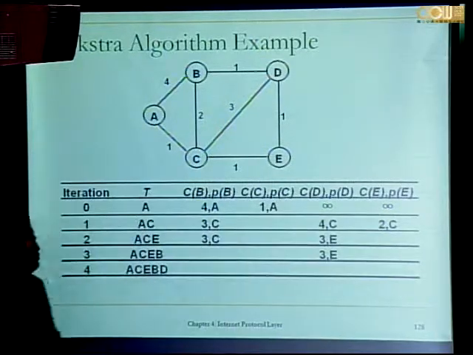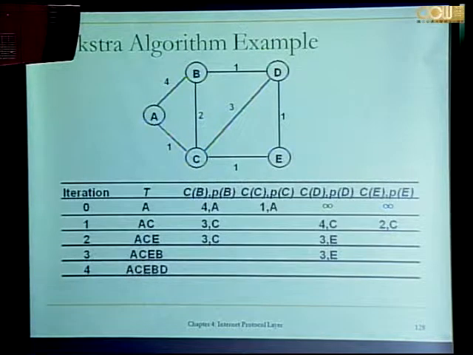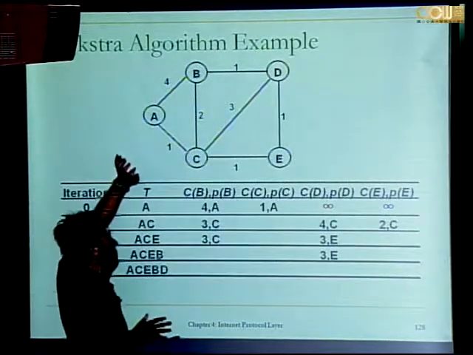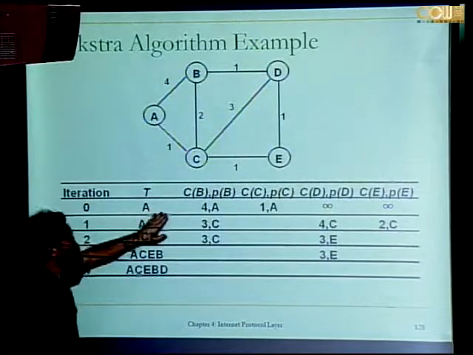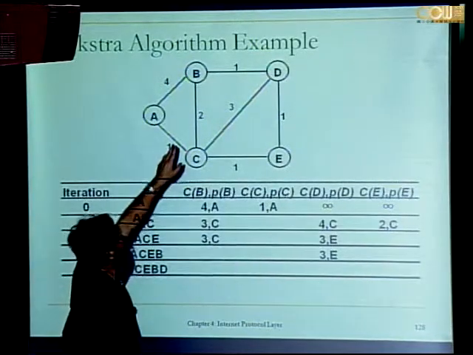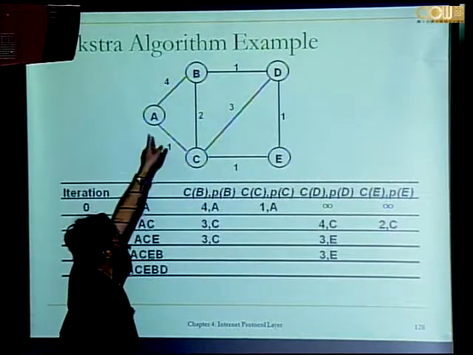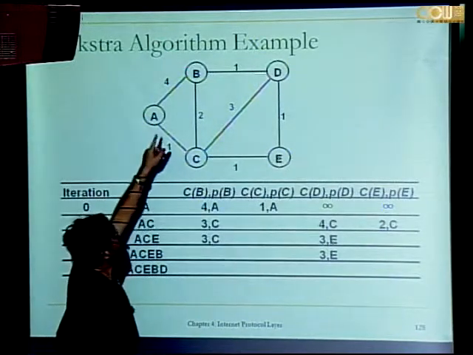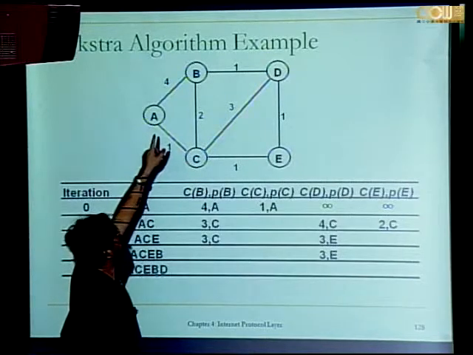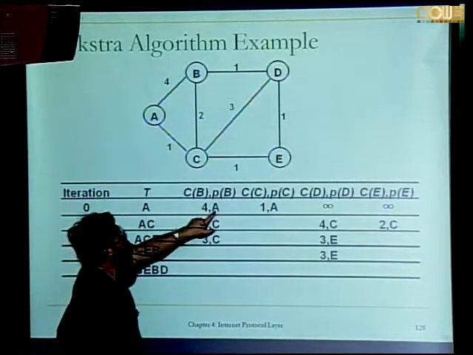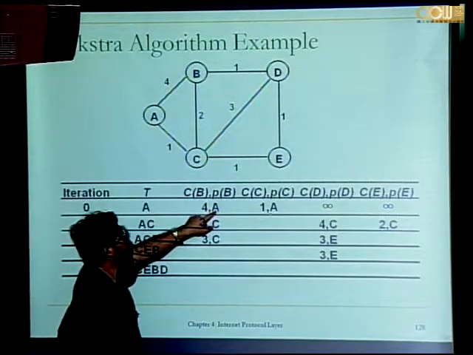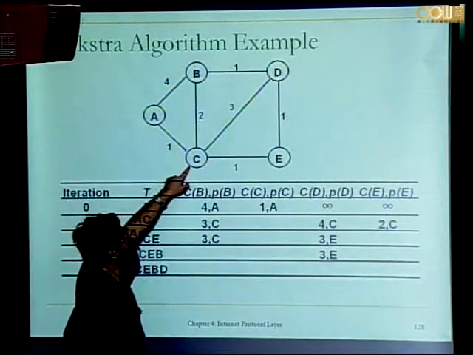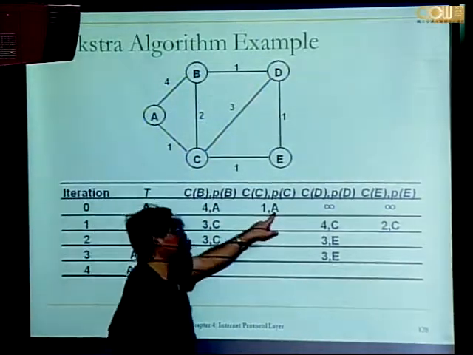By Dijkstra, first of all, from A, because that's the source, you try to label your neighbors. For neighbor B, I label 4 because I can reach B in one hop with a cost of 4, directly from A. And I label C with 1, because I can also reach C directly.